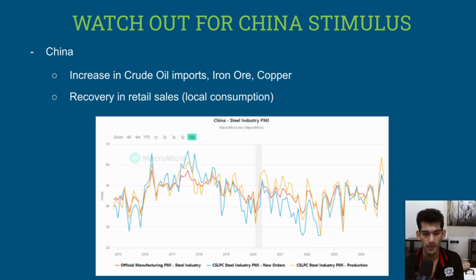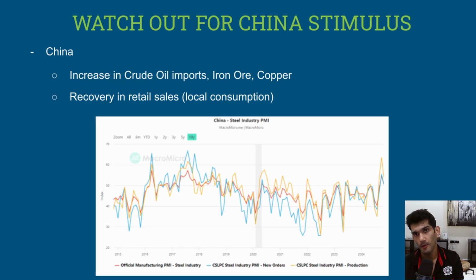If people recall, a lot of Chinese people have lost a significant portion of their wealth in the property market with banks going bust, and the Chinese economy itself misfiring for so long. It's quite positive to see that retail sales are finally recovering. We need to keep watching this, just to make sure that this is a trend that is going to be lasting for a bit longer than just one good month.